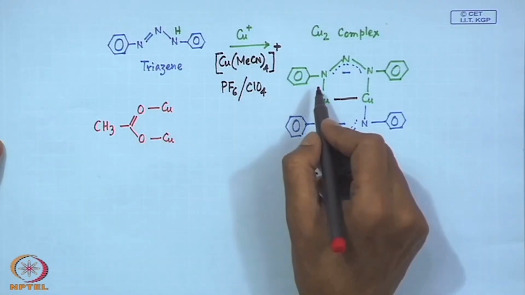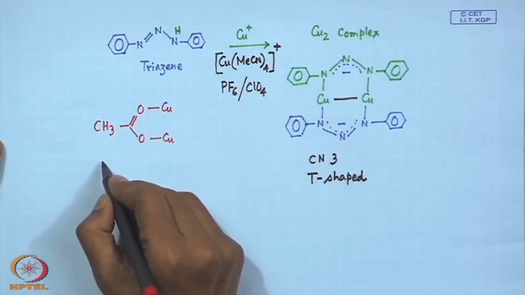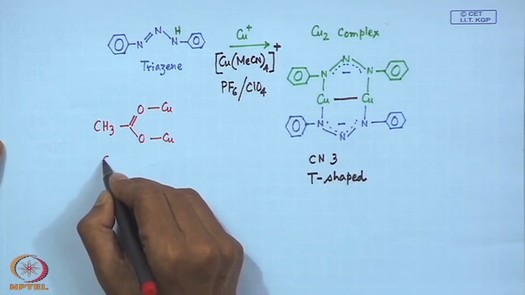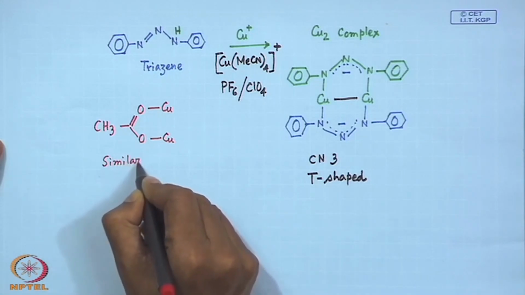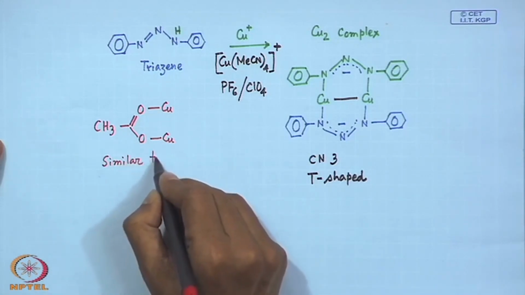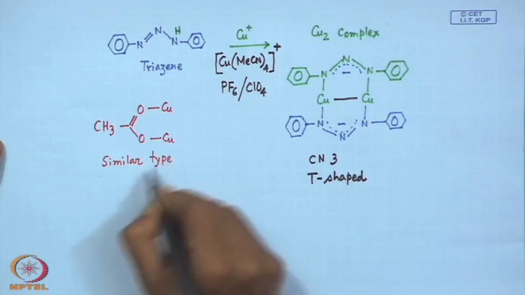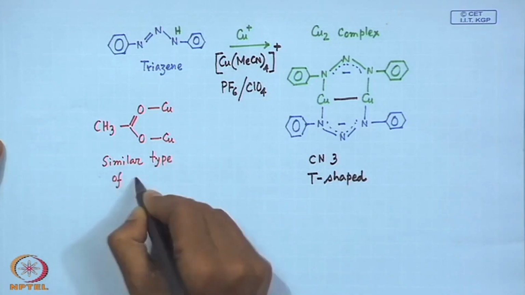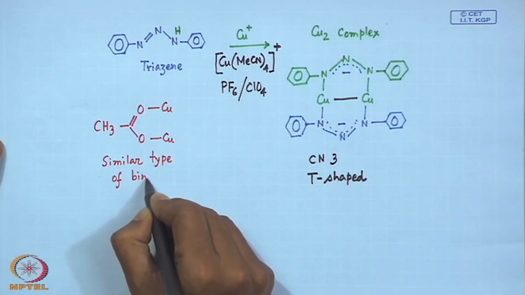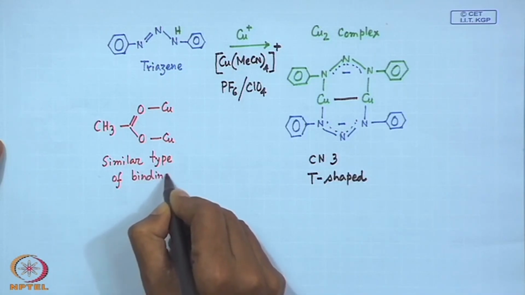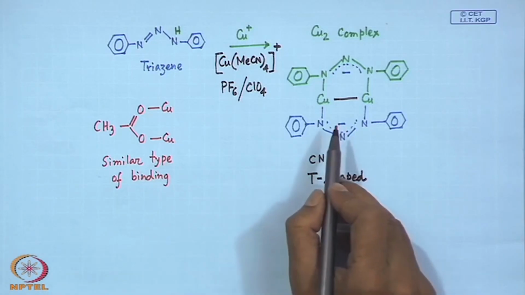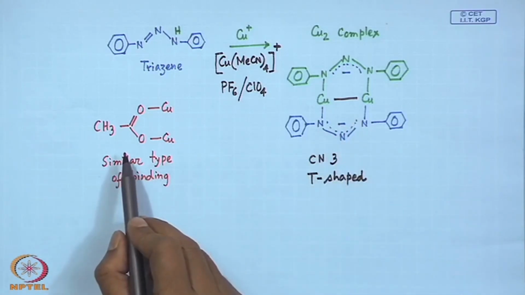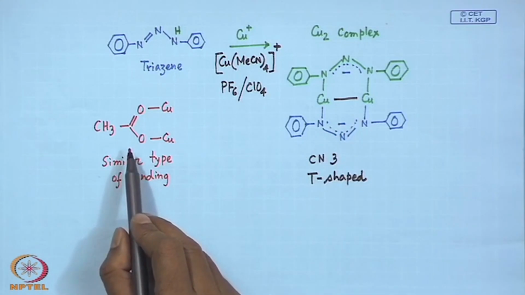So the binding of these two are of similar type, which we are following with triazine and which we are also following with acetate anion.